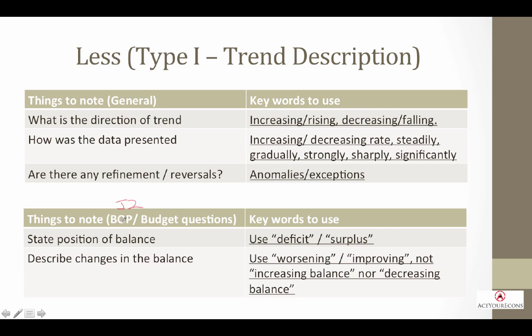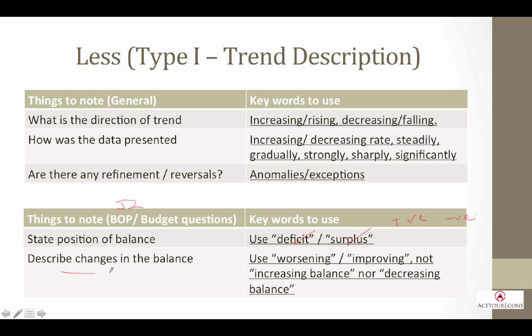For J2 students doing BOP or budget questions, if you need to state the position of the balance, you need to state that it is a deficit or surplus. You can't use positive or negative. Deficit or surplus are the specific keywords to use.